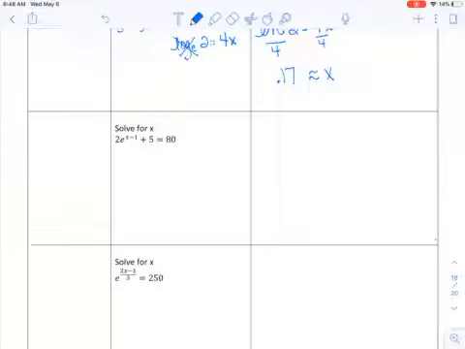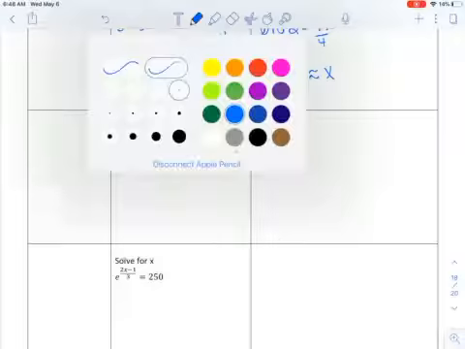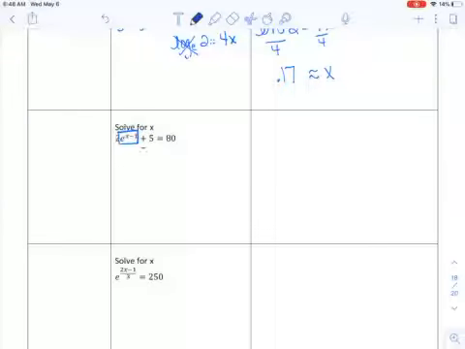My next one has a little bit more to the problem, but the idea is the same. I want to get that e portion, the little e package as it were, by itself. And so how do I do that? First, I subtract 5 from both sides. And then I divide both sides by 2.